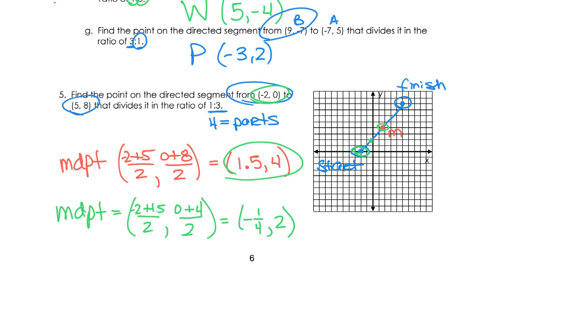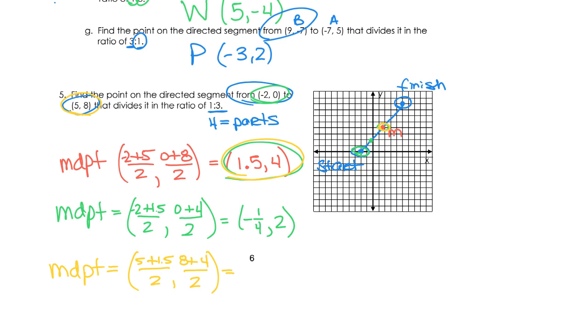Okay, and so now we have one more midpoint to find, and we're going to use the coordinates of our midpoint right in the middle, and our endpoint of 5, 8. So midpoint, midpoint, what do? You add them together and you divide by 2. So x's first from those 2 points, which is 5 and 1.5, and 8 and 4 are the y's.